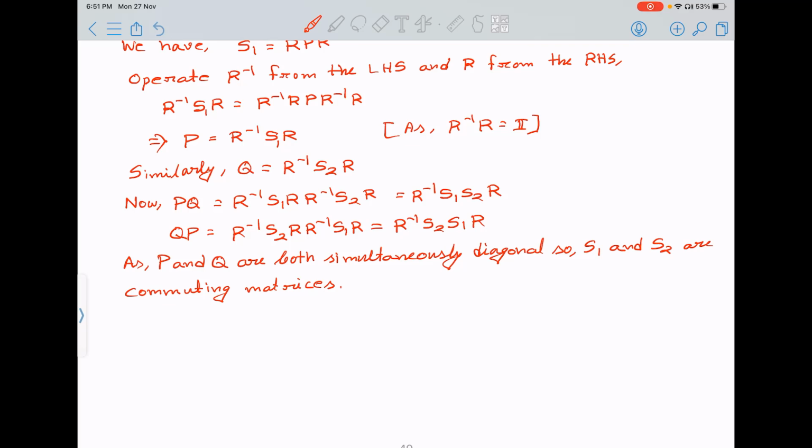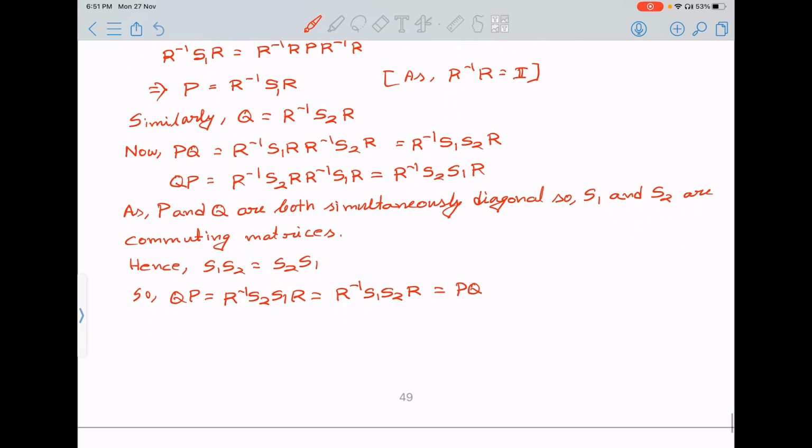Hence S1 S2 should be equal to S2 S1. So QP should be R inverse S2 S1 R, that is R inverse S1 S2 R, which equals PQ.